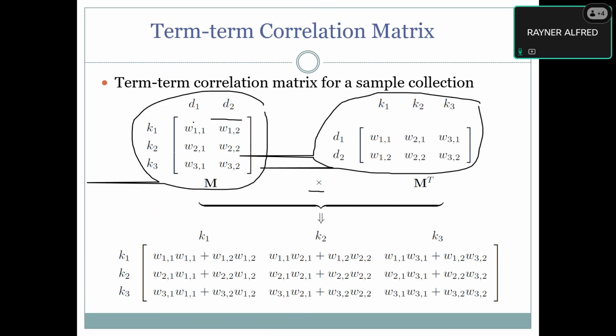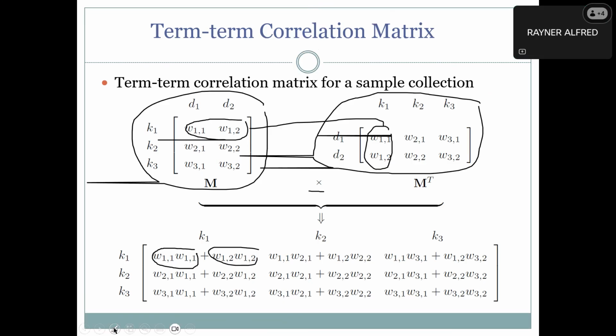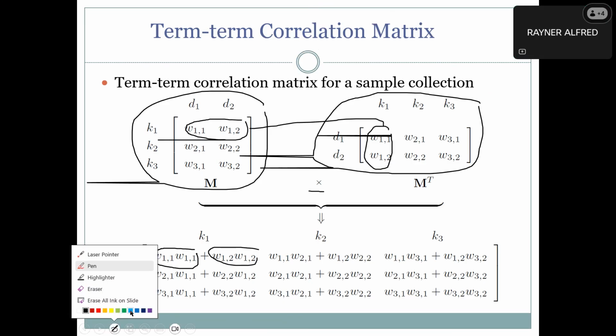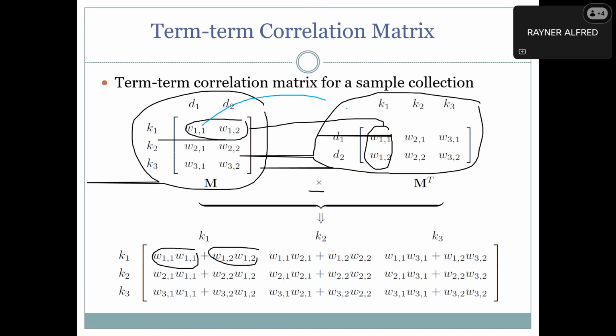Basically, we take this row times this column. So we multiply this plus this. Let me use a different color. So the weight of this times this, plus the weight of this times this. That is only one part here.